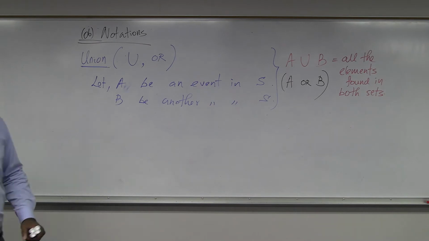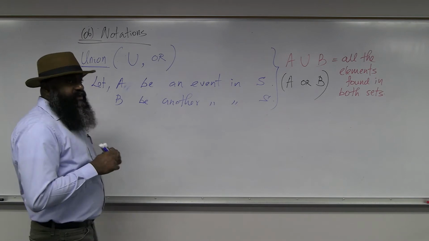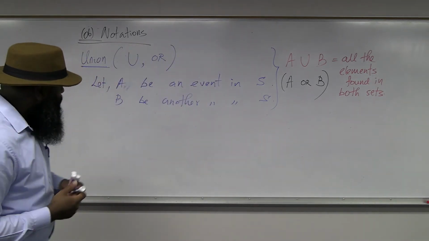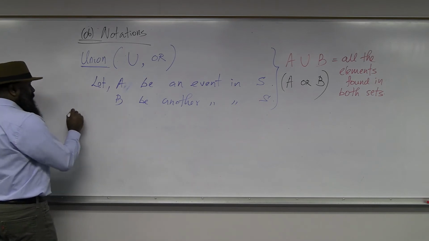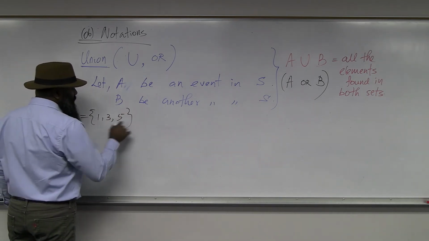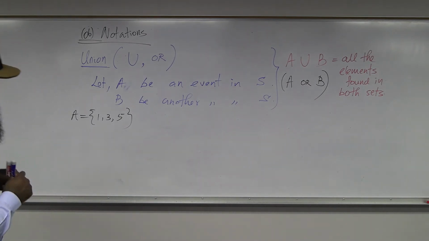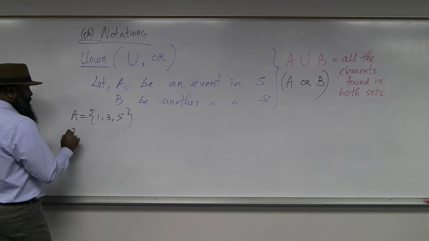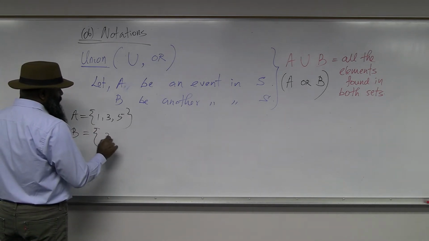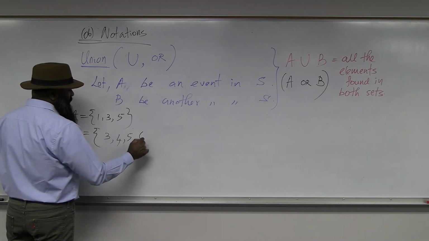So we'll look at an example. So my S could be 1, 2, 3, 4, 5, 6, rolling a die experiment. I'm going to let A be the event 1, 3, 5. Receiving an odd number. And I'm going to let B be the event 3, 4, 5, 6, I would say.